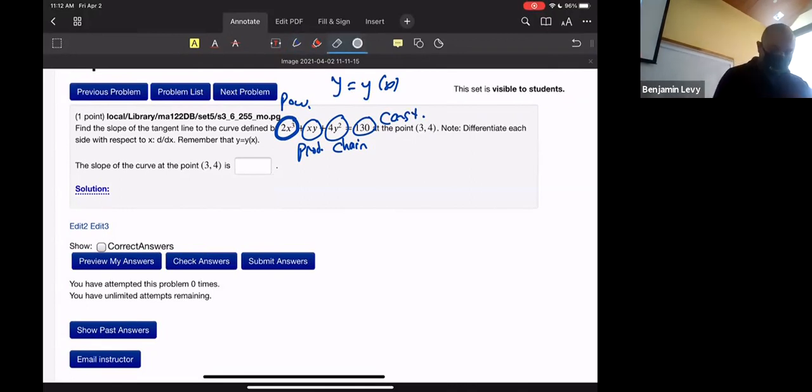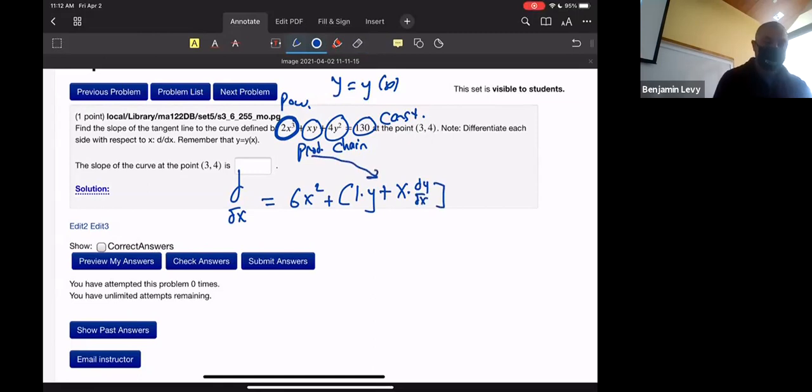So when we do the derivative, I'm going to do a little bit of a shorthand here. D over dx is going to be 6x squared on the first one. The product rule is going to be f prime g plus f g prime. Right, this is the product rule.